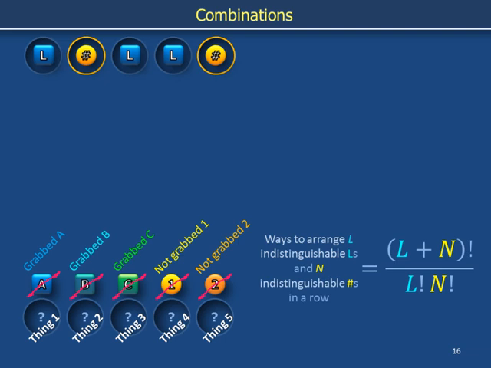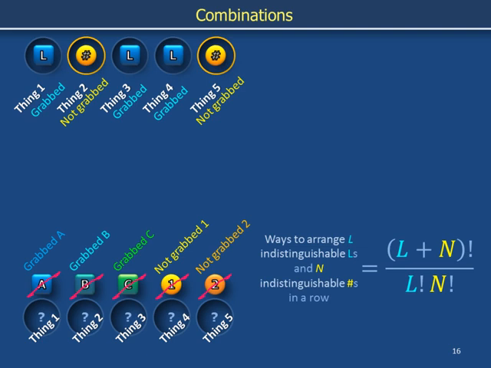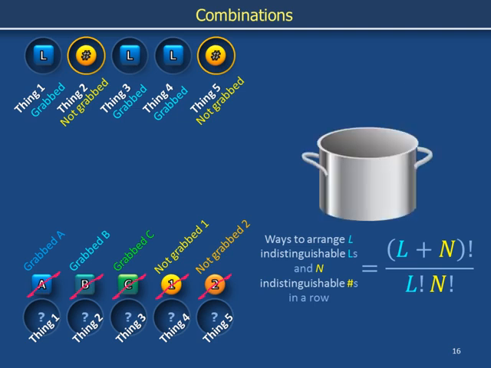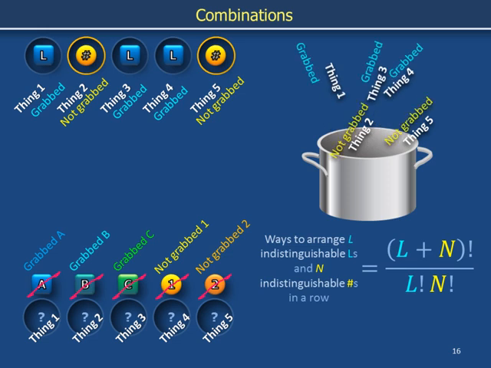We might have originally read the example shape pattern at the top, slot 1 square, slot 2 circle, slot 3 square, slot 4 square, and slot 5 circle. But now we say thing 1 grabbed, thing 2 not grabbed, thing 3 grabbed, thing 4 grabbed, and thing 5 not grabbed. This sequence of words represents one possible outcome of placing L plus N things into a container and then dipping your hand in to grab, in one swoop, L many things while leaving N many things behind.